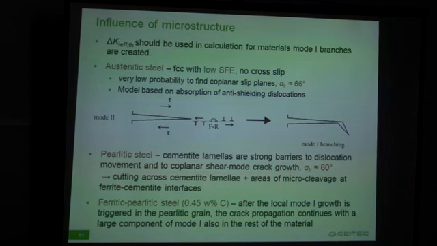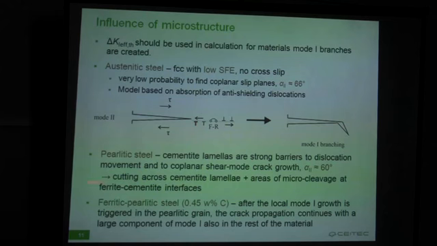In the case of the pearlitic steel, the mode 1 growth can be explained by the strong barriers to dislocation movements created by the cementite lamellas, and there is a cleavage between the cementite and ferrite border and cracking of the lamellas, which is also effective under opening mode.